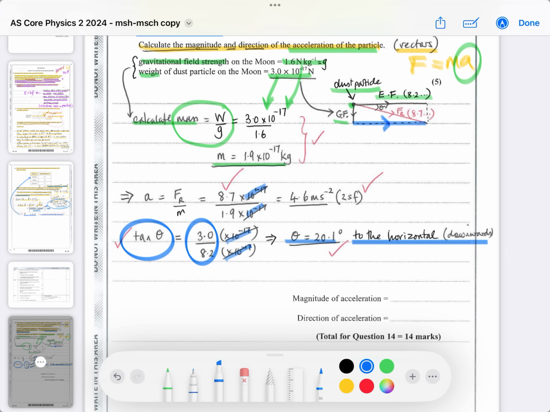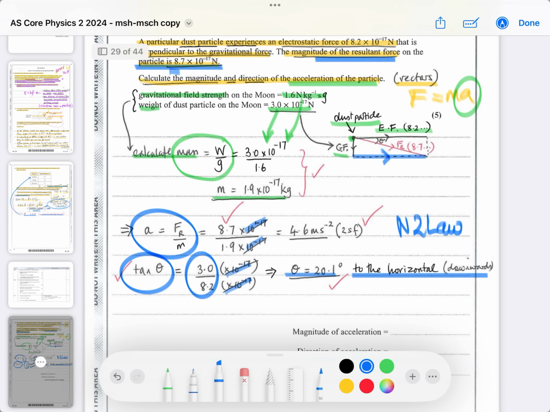And then you can use Newton's second law to get acceleration from force, the resultant force you've got to use, which they gave us here, 8.7 times 10 to the minus 17, divided by the mass, which you worked out.